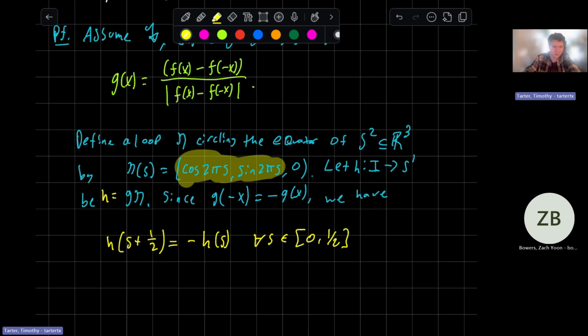So if f of x is like x squared, g of x is equal to f of x minus f of minus x, divided by the absolute value of f of x minus f of minus x. It doesn't show up because it's division by 0. Yeah, it's just plus or minus 1.